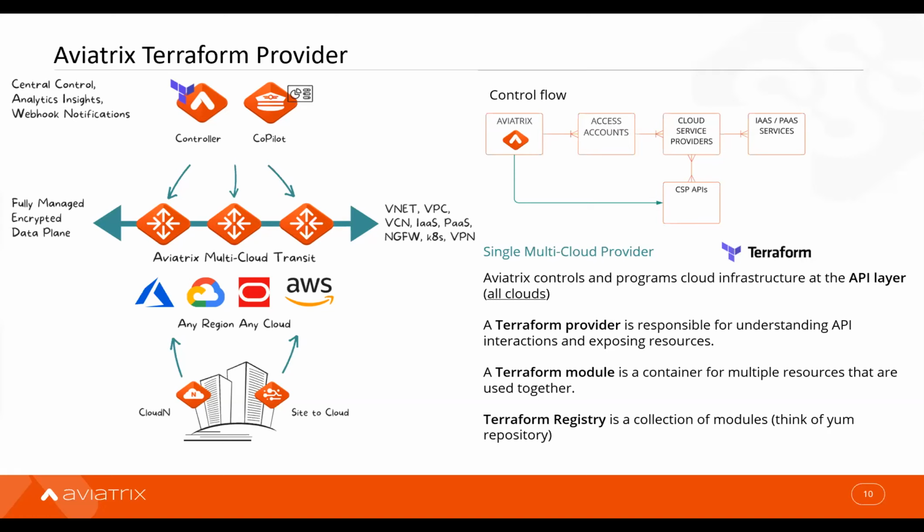And then when you make calls to the Aviatrix Terraform Provider, it uses those access accounts and programs the cloud service provider's APIs to build out the gateways, VNETs, program the routes, any site to cloud connectivity, any encrypted transit, insane mode, firewall insertion, all that is programmed from the controller.